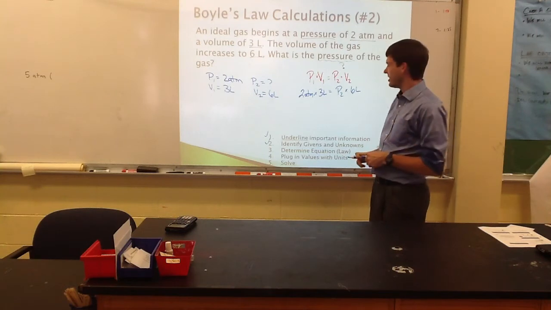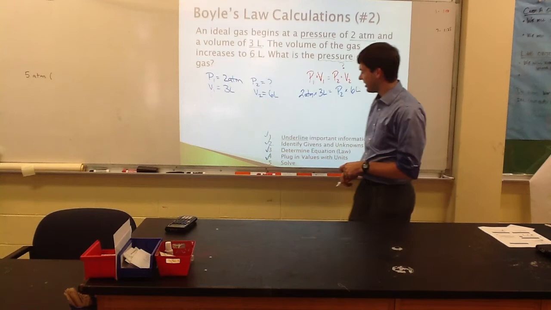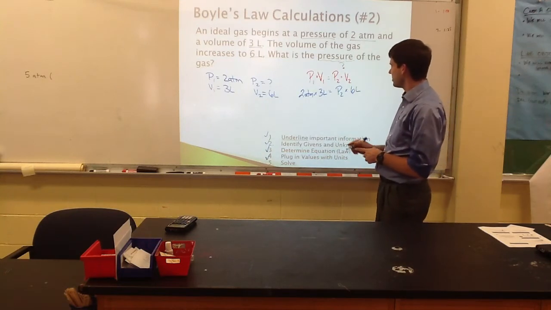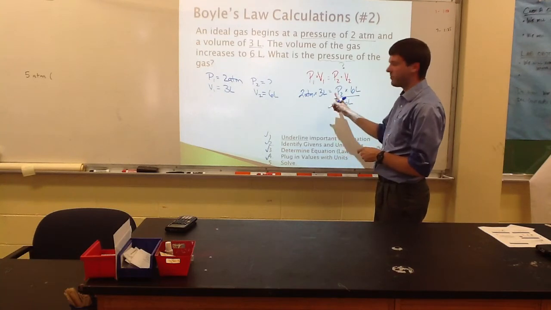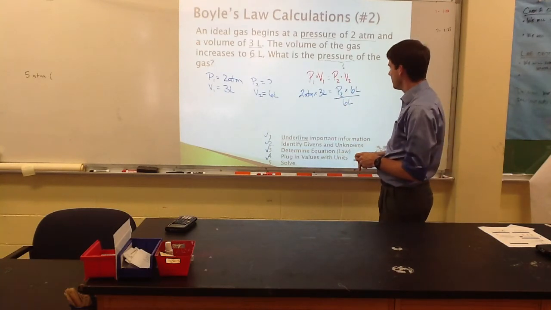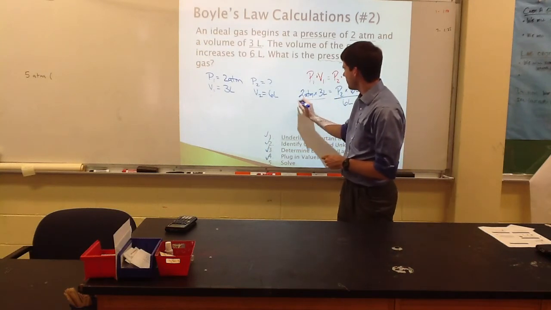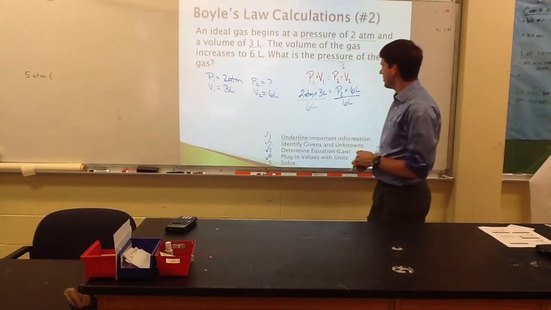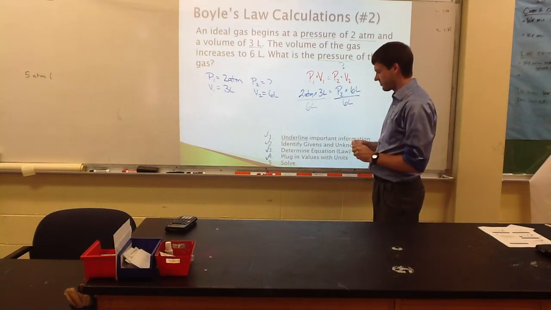Since we have both determined the law and plugged it in, to solve this equation, we're going to start by dividing by 6 liters to get P2 by itself. Notice that whatever we do to this side, we also do to the other side. And then we want to look to cancel units.